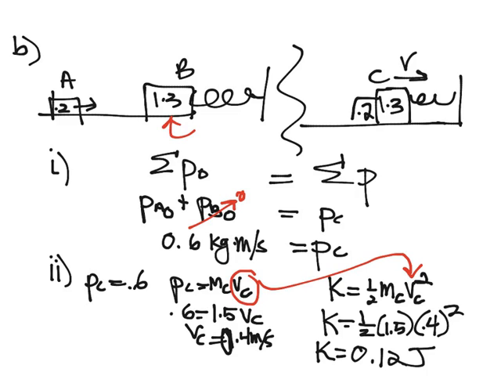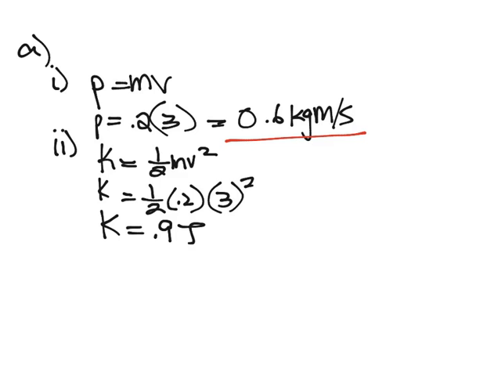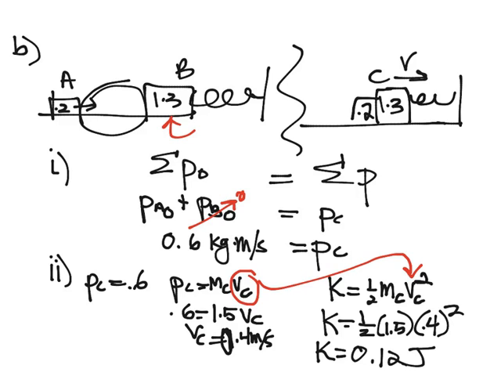Well, it should be less than the initial kinetic energy, because when these two objects hit each other, they lost energy as heat when they stuck together. And in fact, we had 0.9 joules, now we have only 0.12 joules, so we have lost kinetic energy. That makes sense.